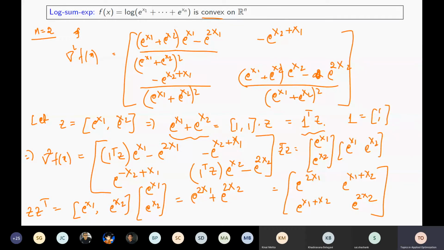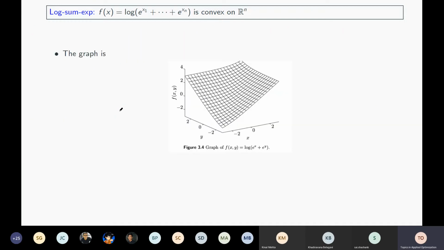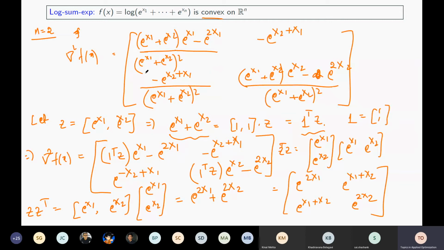Right, so now what we can do is write this in a compact form. Let me rub this so that I get some space here. So now we have transformed everything into the z variable.